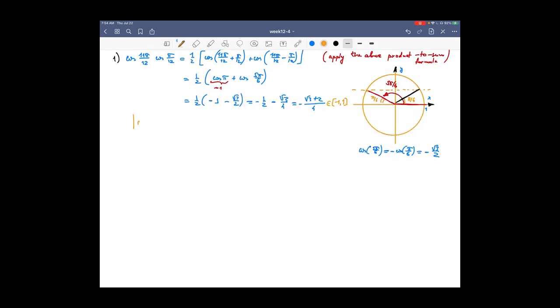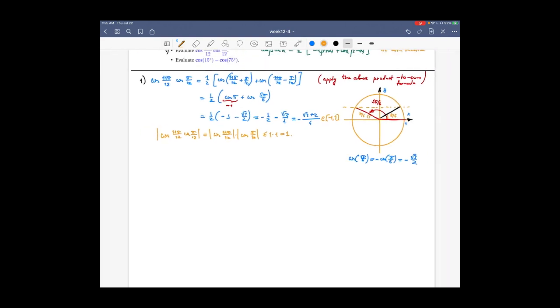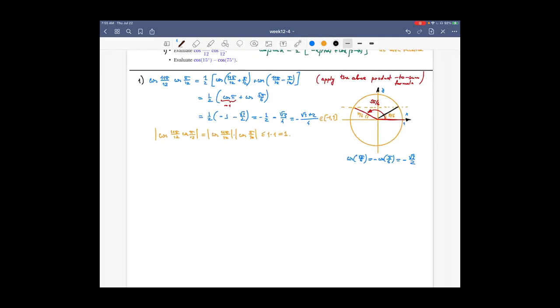Again, the absolute value of this number, being the product of absolute values of two cosines, cannot be more than 1, because each of them is no more than 1. All right, that was the first problem.